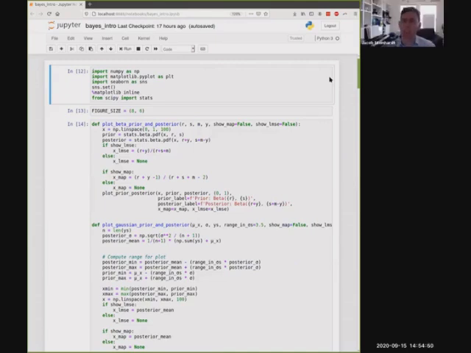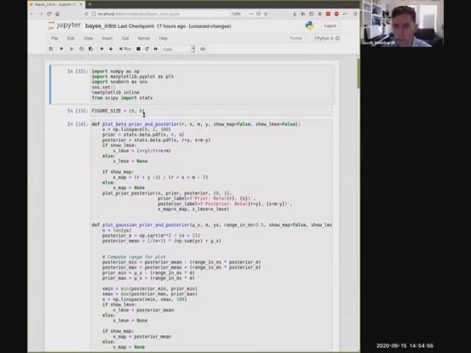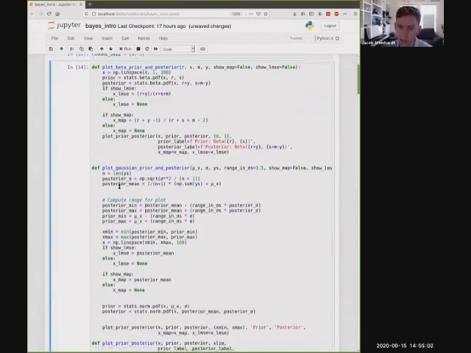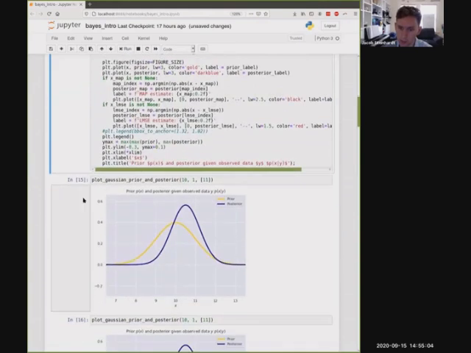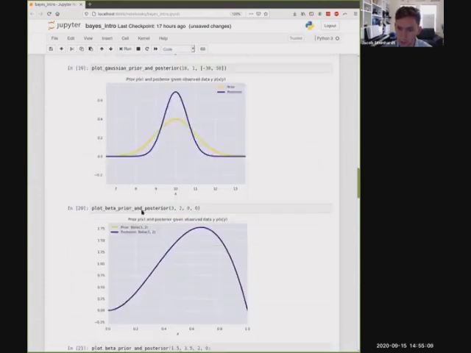Okay, so I'll share this with you all after class, but this is a Jupyter notebook that will plot different priors and posteriors for you. So actually, let's start with beta.